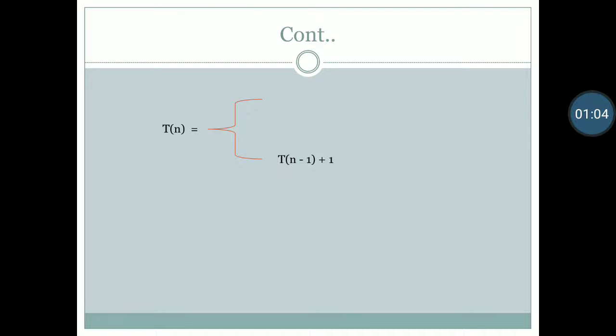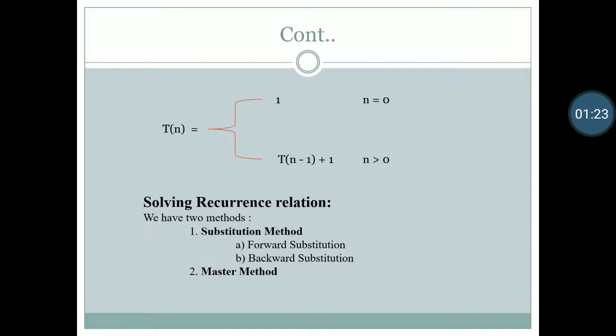One, T(n-1) + 1 in case n is greater than 0, and 1 in case n is equal to 0. For this type of recurrence relation we also discussed that we have two methods. One is the substitution method and the second one is the master method. In this video lecture we are going to learn about the forward substitution method.